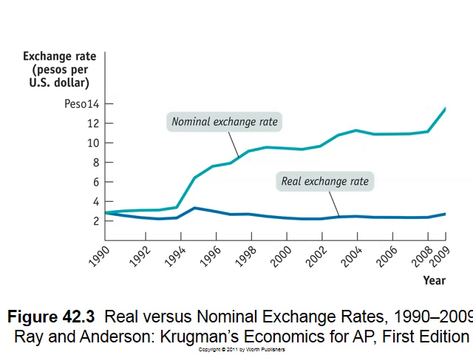But the line labeled real exchange rate shows the number calculated using our equation with price indexes for both Mexico and the United States set so that the value in 1990 was 100. In real terms, the peso depreciated between 94 and 95 and again in 2008, but not nearly by as much as the nominal depreciation. By 2009, the real peso-dollar exchange rate was just about back where it started.